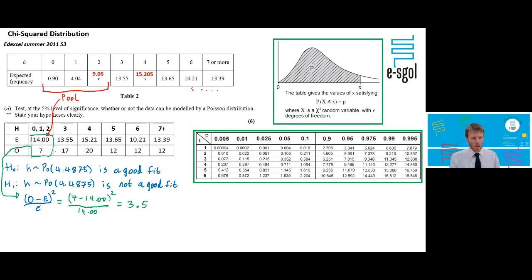Now we're saying, look at the difference between these two numbers. So look at the difference between 14 and 7. If there is a big difference, that's bad. That probably means that this isn't a Poisson distribution. If there is a small difference between 14 and 7, that's good. That means maybe we are looking at a Poisson distribution. If I look at some of these other numbers, like the difference between these two numbers here, they're very close together.